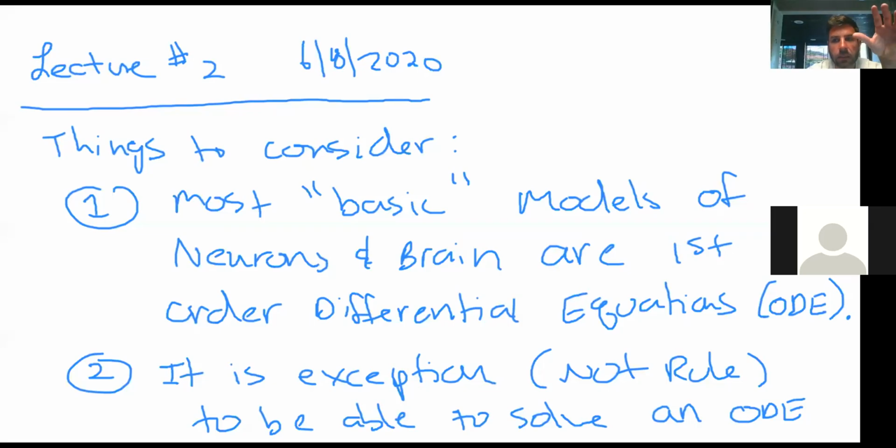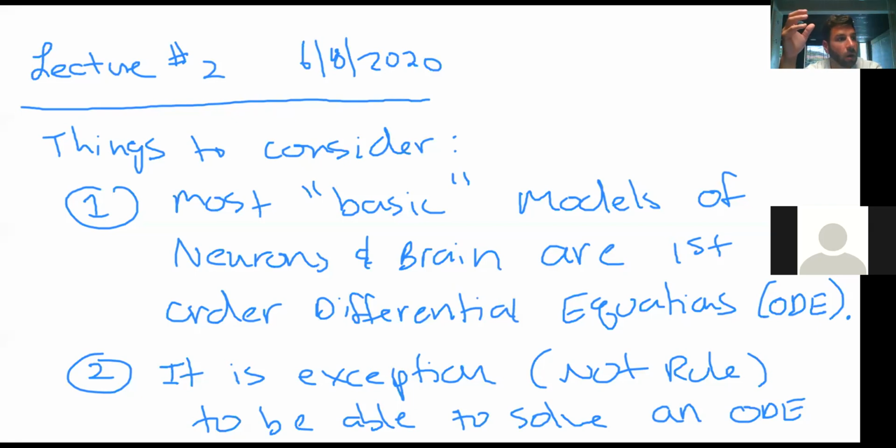Again, let's look at the big theme. The theme is the following: we want to study the brain, and we want to study it through the lens, the perspective, of mathematics. And that's great that we want to do that. What I need to tell you is, eventually, when we tell you how we look at a neuron and how we might study it, it's going to turn out that we need to solve differential equations.